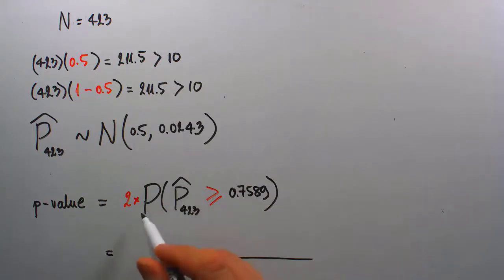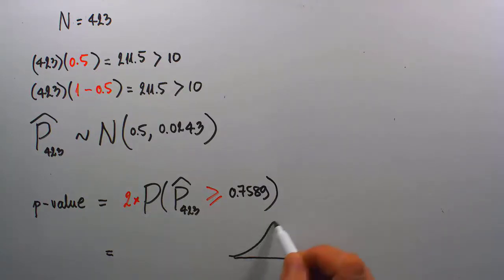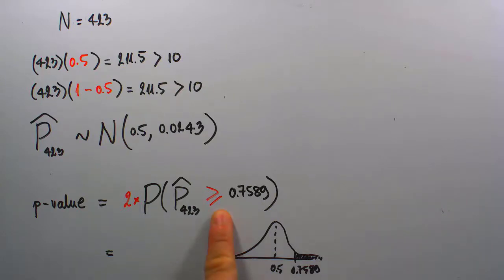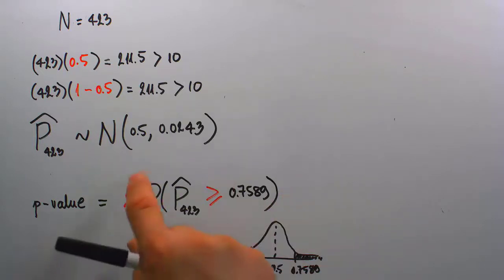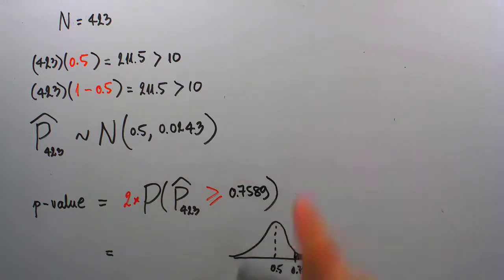And so now, this probability by itself, as a picture of the bell curve centering at 0.5, 0.7589 is somewhere, and then we're going to be making a shading to the right hand side according to the inequality. And again, I still have not explained why we're setting it up this way, with the right tail inequality and multiplying the overall probability by 2. But for now, as far as getting the value calculated, we can now proceed as a bell curve problem.